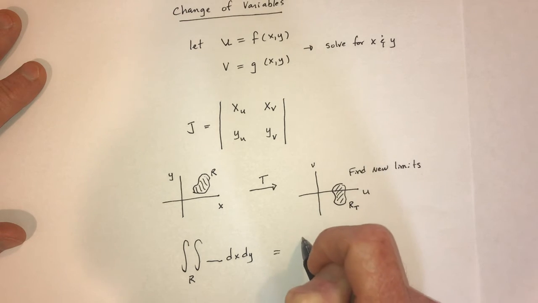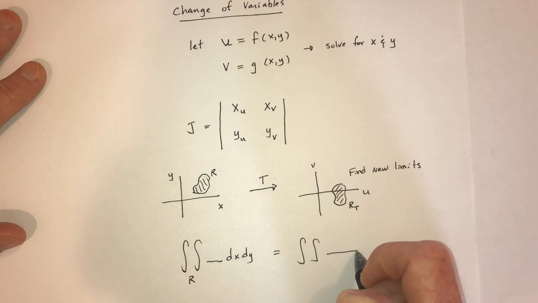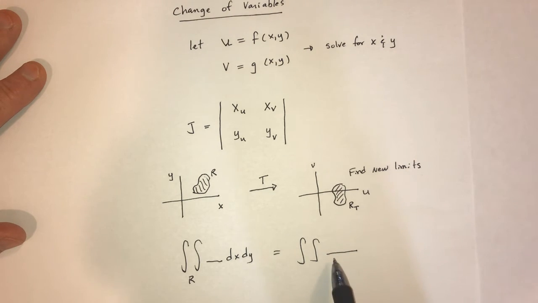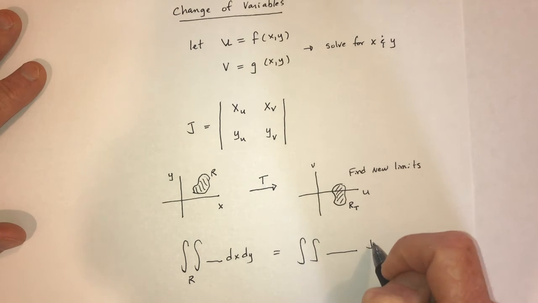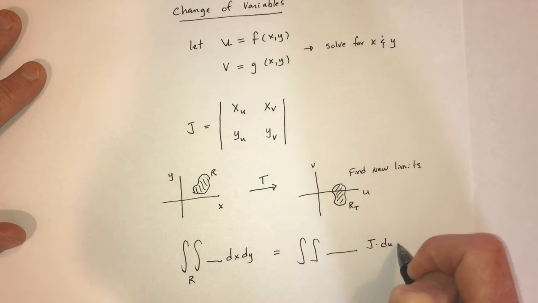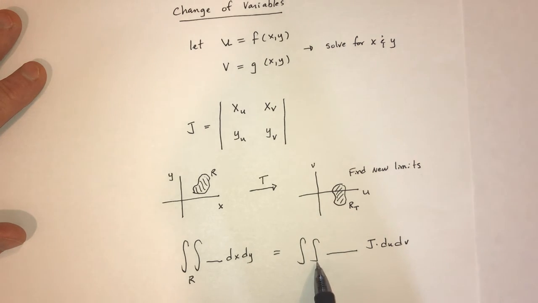So then that becomes an integral where you would replace with the u and the v, whatever this function was, and then you'd need to put the Jacobian times du dv, and whatever the new limits are, you need to put those over here.